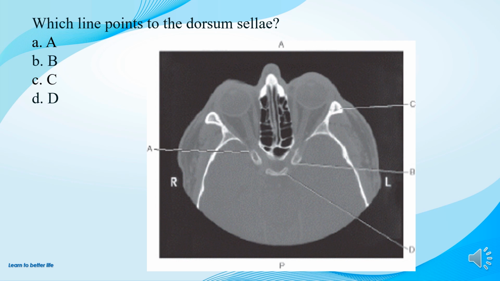Which line points to the dorsum sellae? A, B, C, or D? The answer is D. Which line points to the optic canal? A, B, C, or D? The answer is A. Which line points to the anterior clinoid process?